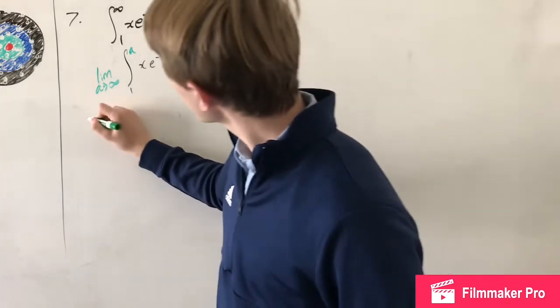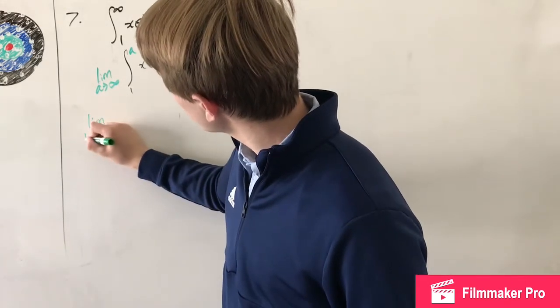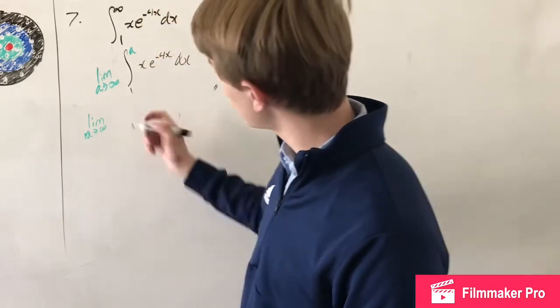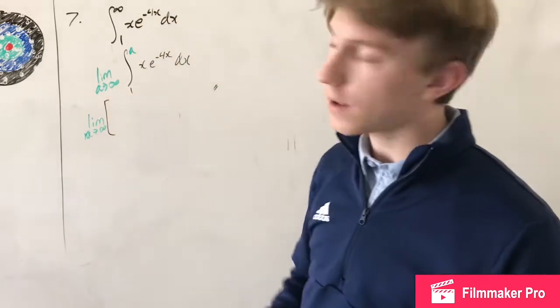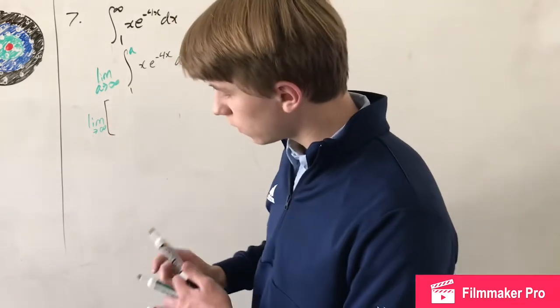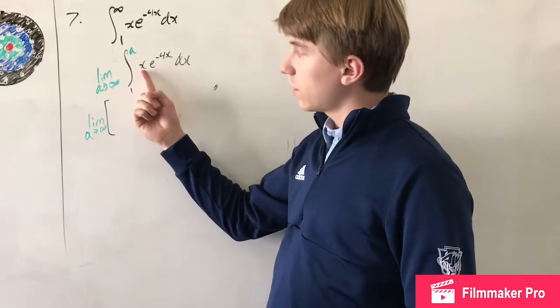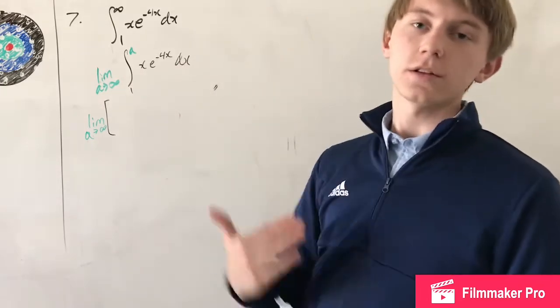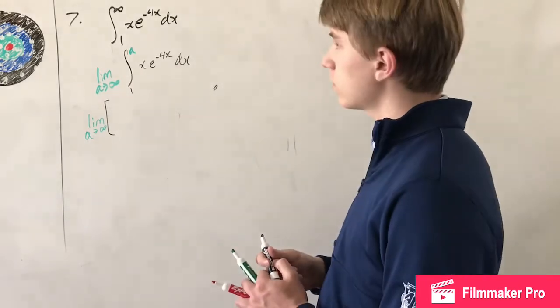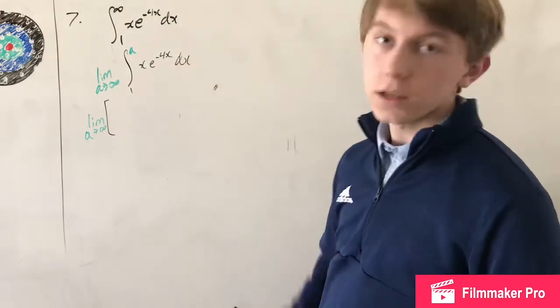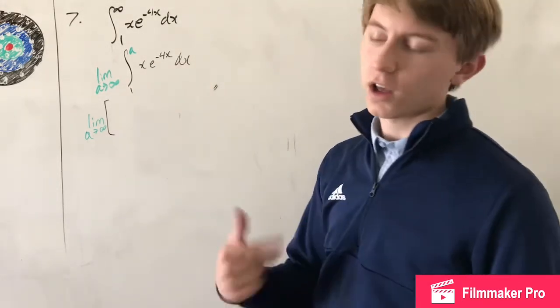So I will write this out front. A approaches infinity, and then we'll just have a big bracket, and every a will depend on that. So we do not want to integrate the x because then we'll just keep getting larger power values. We want to integrate the e because that will not really change. We'll just get a constant out.